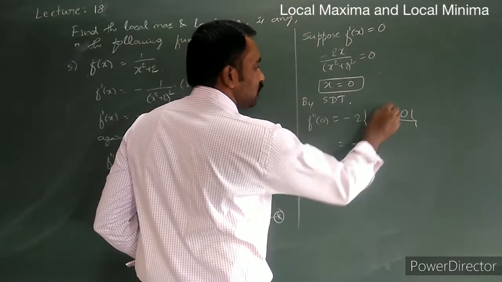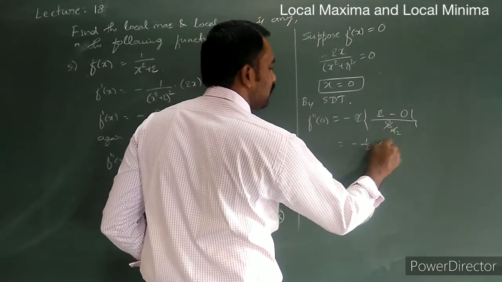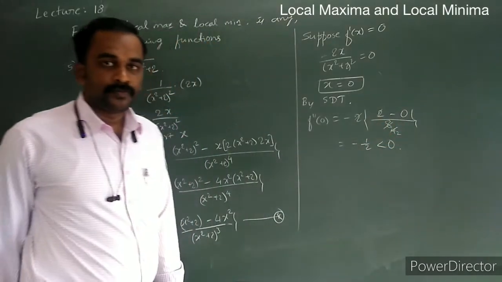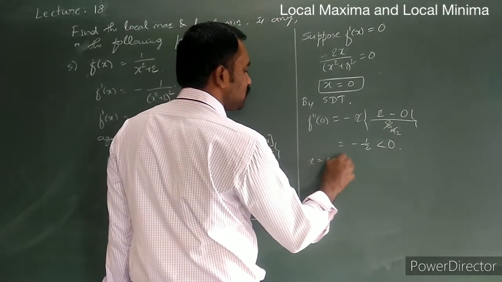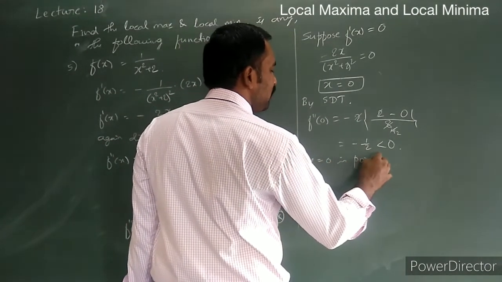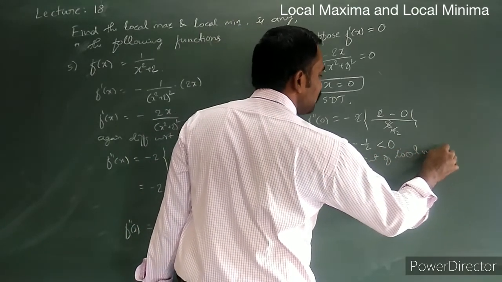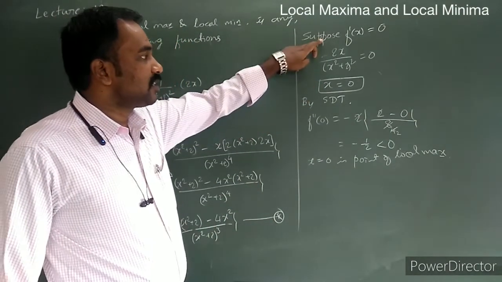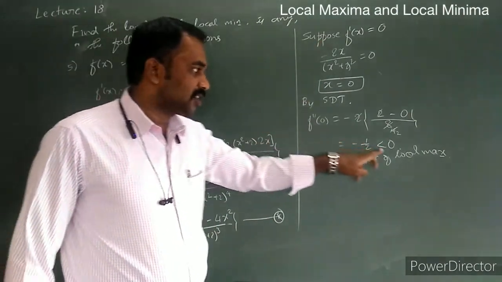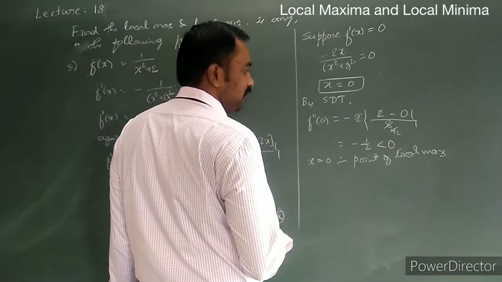Minus 2 ones are 2, 4 twos are 8, so minus 1 by 2. It is a negative quantity. If it is a negative quantity, that means x equal to 0 is the point of local maxima. By f dash of x equal to 0 and f double dash of x negative, it is a point of local maxima.